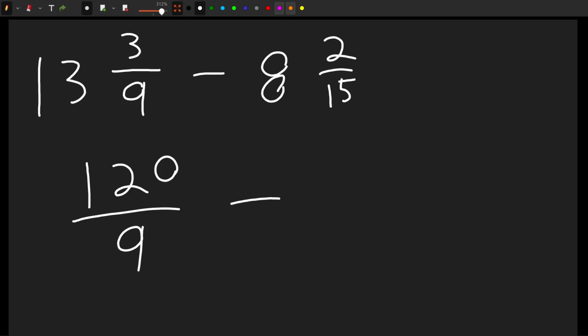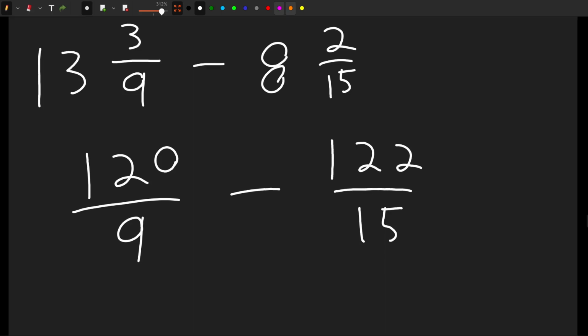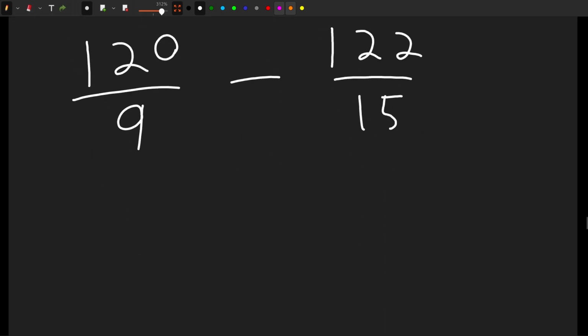8 times 15, I know 15 times 10 is 150, so then I just need to subtract 130 and I'll get 122 over 15. Okay. Now I need to get my lowest common multiple here.